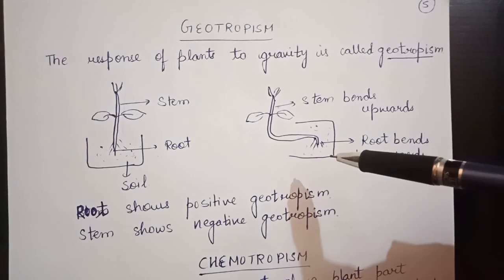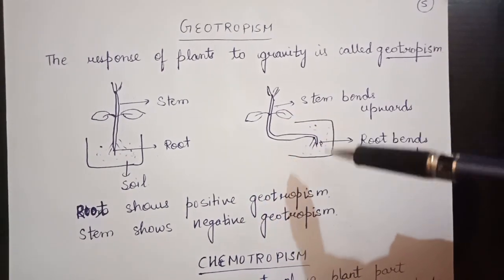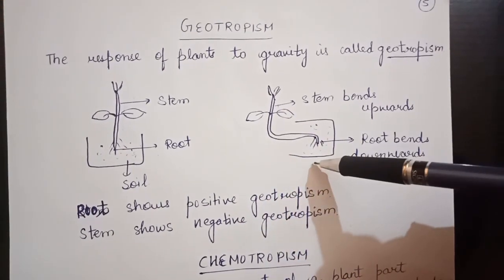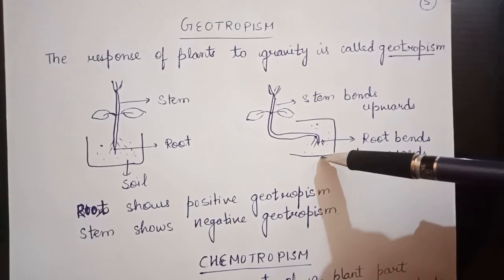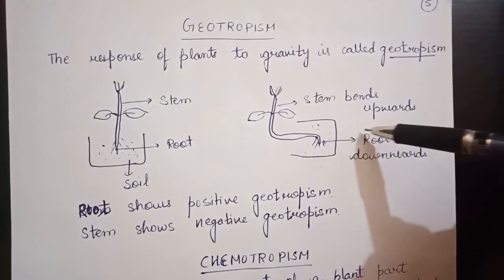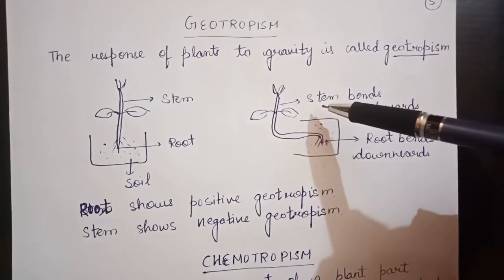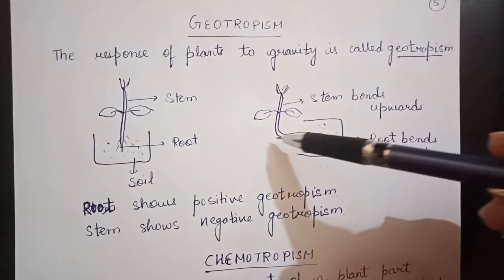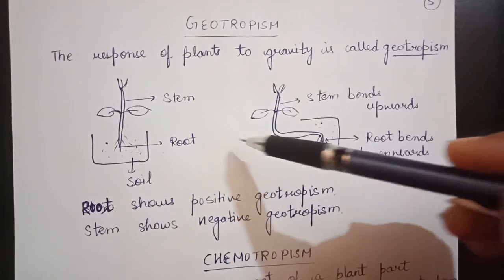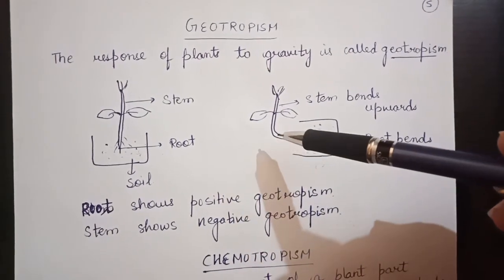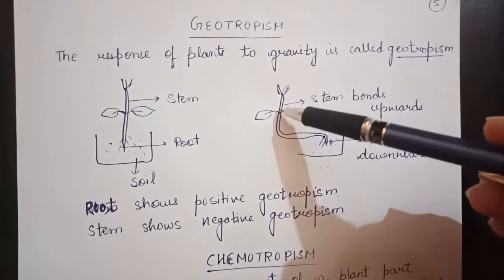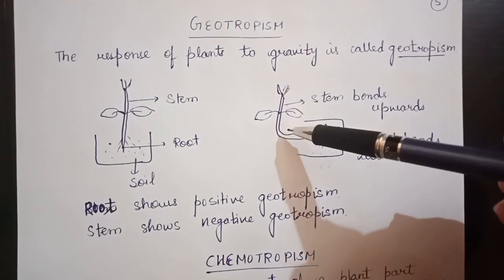But in the second, the roots bend downward because of the pull of gravity. Okay, they will not go straight, they will bend. And the stem also will not go straight. First they will go straight, but after some days they will bend in the upward direction.